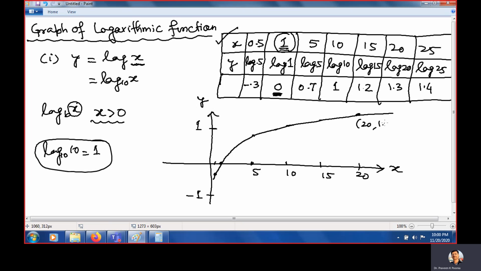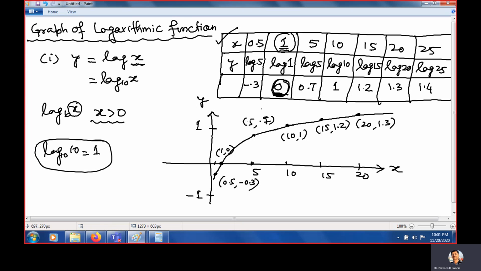Mark these points. This is 20, 1.3. This is 15, 1.2. This is 10, 1. This is 5, 0.7. And this is 1, 0. And this is 0.5, -0.3. These are the values. This is the graph. That's all. Again, one thing I want to explain. We need to search for a point where it crosses the x-axis, meaning where we get the value 0.